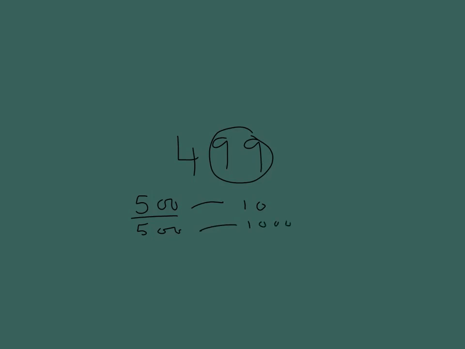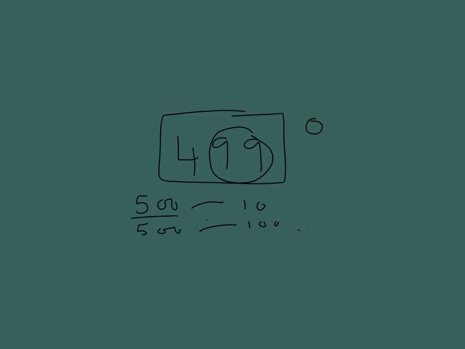What about to the nearest 1,000? Yes, you guessed it. It is 0, because it still has not reached 500 and above, so it's closer to 0 than to 1,000.